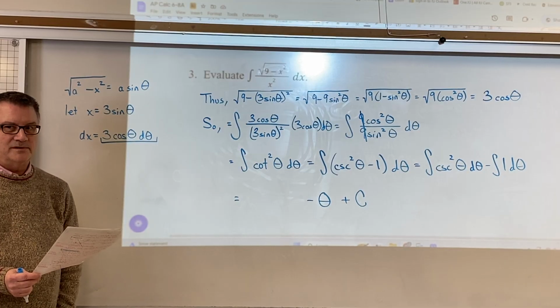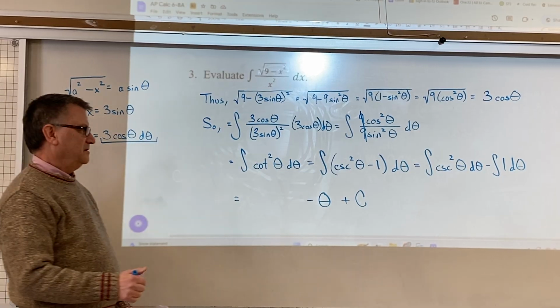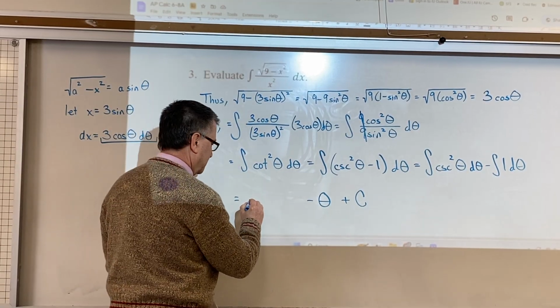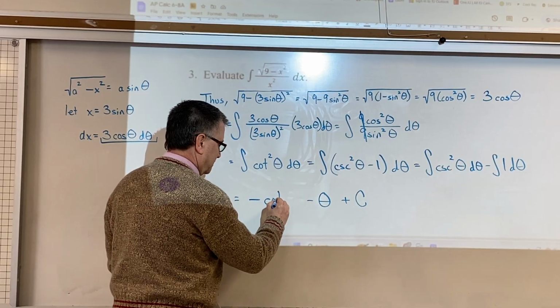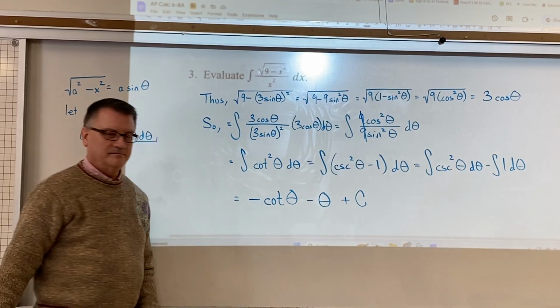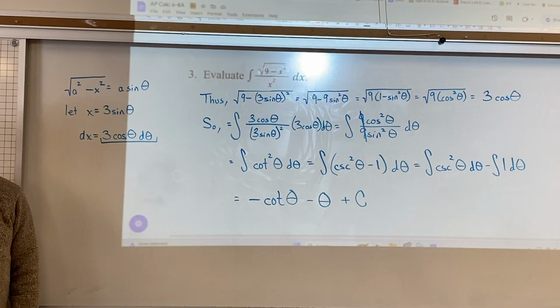Should be on there twice. It's probably on there as the derivative of cotangent is negative cosecant squared.